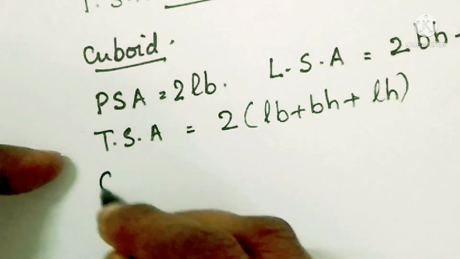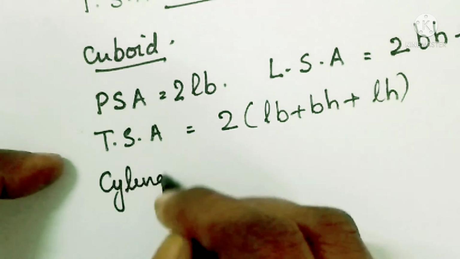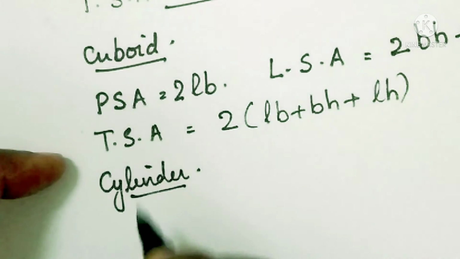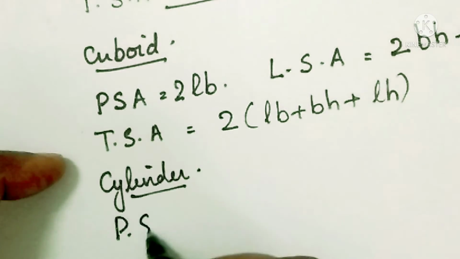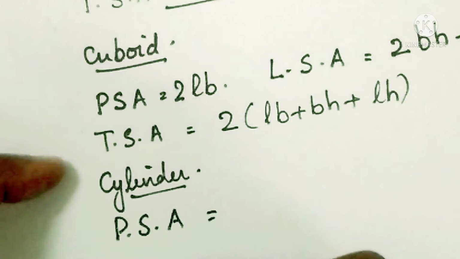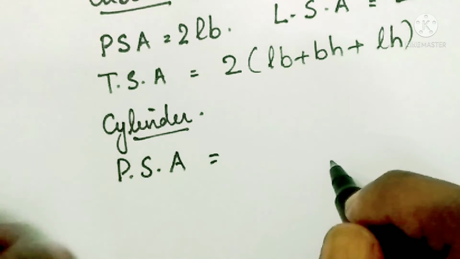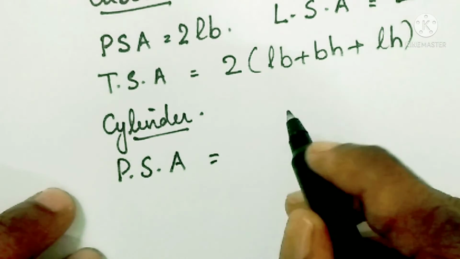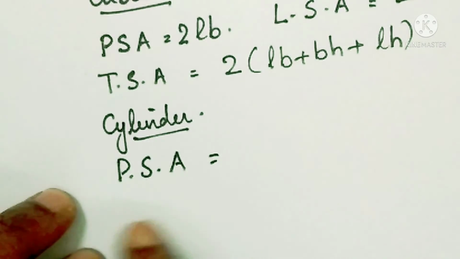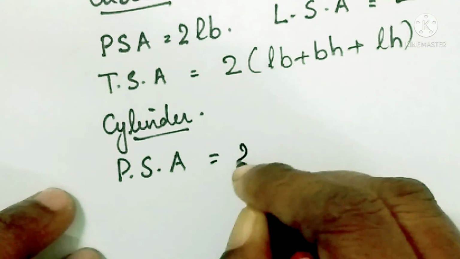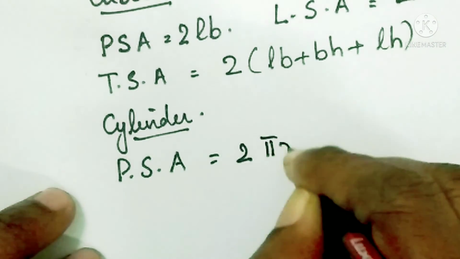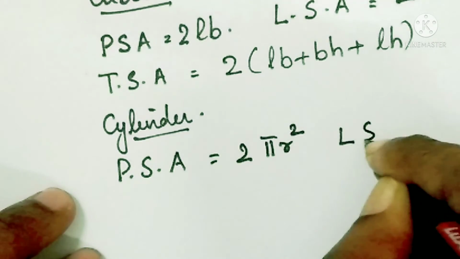And if you take a cylinder, the plane surface area, that is the area of the base, which is in the form of a circle, is, for 2 circles, 2 pi r square.